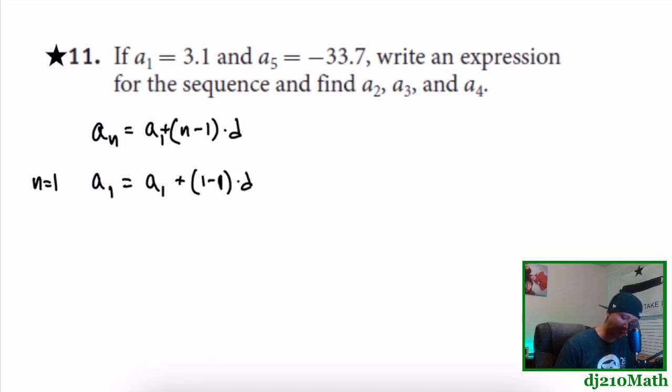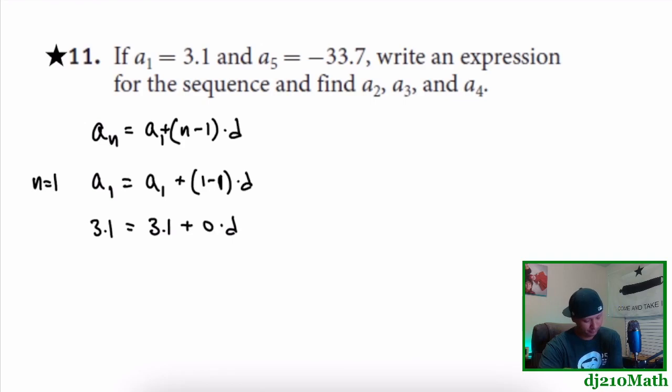Something doesn't seem right. So a sub 1 is 3.1, which is equal to 3.1 plus 0d. Okay, that didn't work out the way I thought it was going to at all. So let's see. n equals 5.